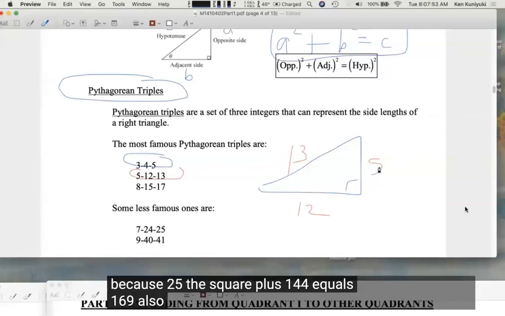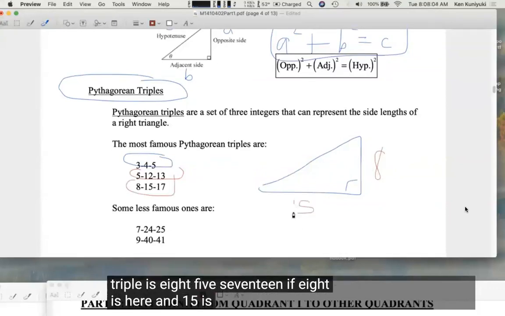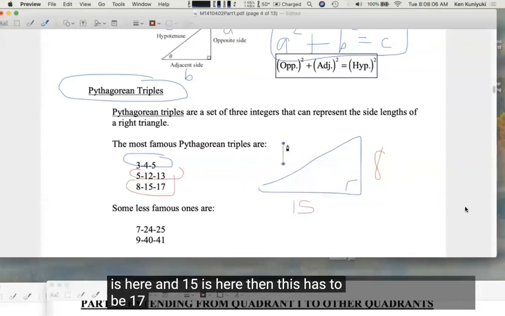Also, the third famous Pythagorean triple is 8, 15, 17. If 8 is here and 15 is here, then this has to be 17. And that's because 64 plus 225 is 289.